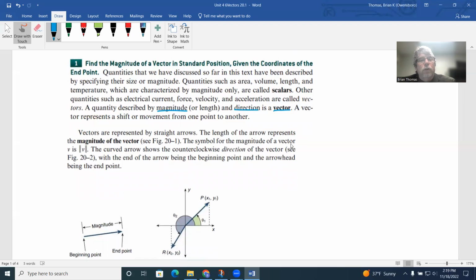A vector represents a shift or movement from one point to another. Essentially, a vector is like what in geometry we'd call a ray. The length of the vector is called the magnitude: how long it is, what size we're talking about.